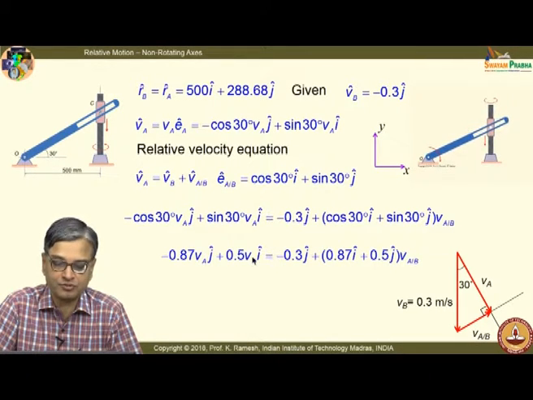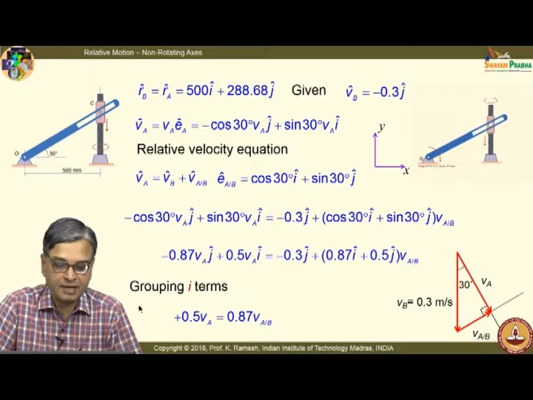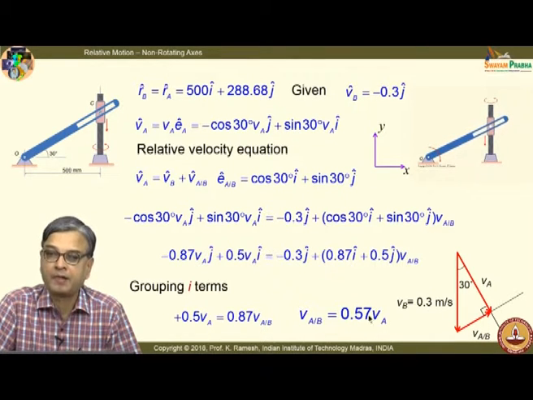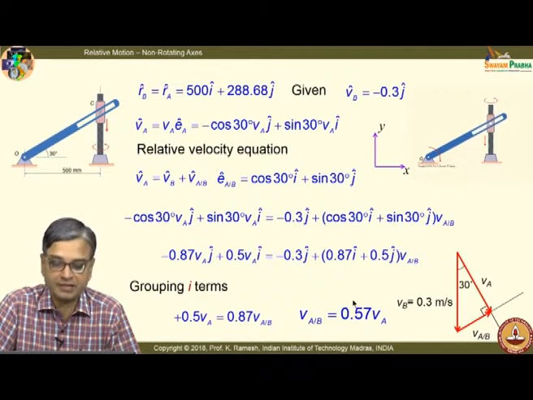So, this reduces to this, and grouping I terms, I get one expression relating VA and VAB, and I get VAB in terms of VA as 0.57 VA. Please check the numerical calculations and verify whether these numbers are correct.